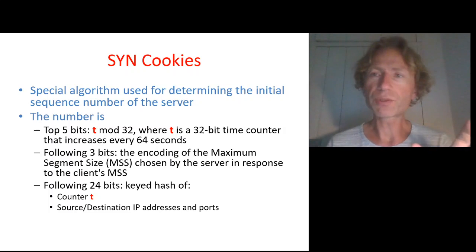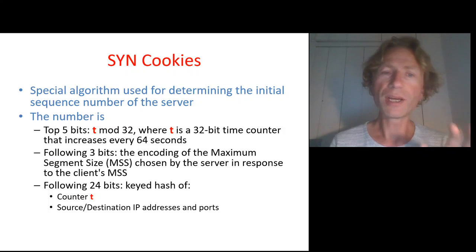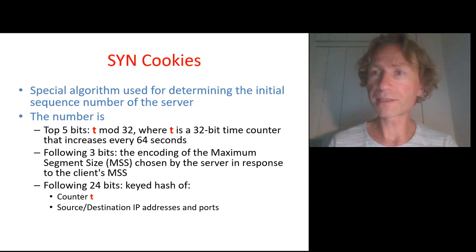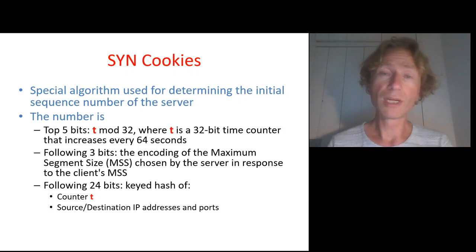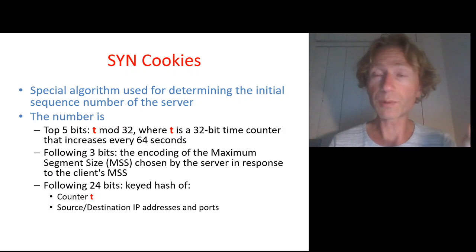And then the remaining 24 bits are a keyed hash of the full counter. So the first 5 bits contain the counter modulo 32, but in the 24 bits we have a keyed hash of the full counter and the source and destination IP addresses and ports.